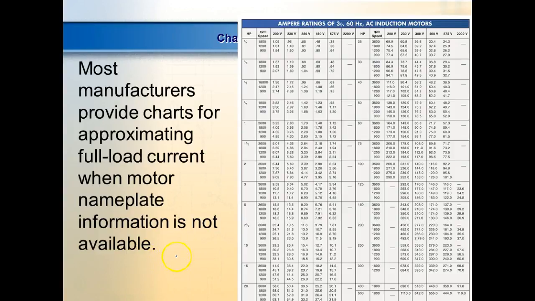So to calculate the speed in cycles per second, we would take the frequency and divide it by the number of poles, magnetic poles. Or some teach the frequency divided by the number of pole pairs.